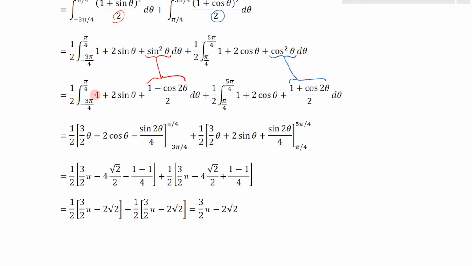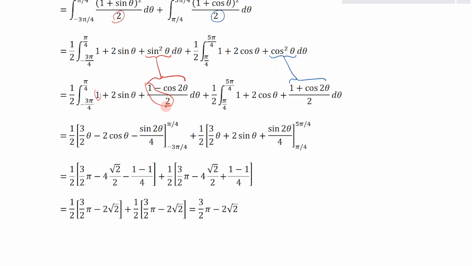We have this guy and this guy combined gave me 3 over 2, and then I integrated, it became theta minus 2 cosine theta. The minus is because this is cos. Then we have this minus here, and then cos becomes sine when you integrate, and then 2 theta.